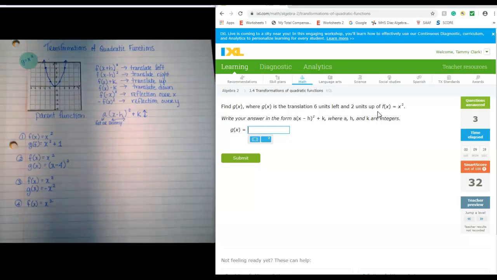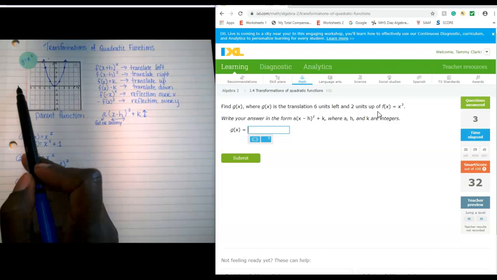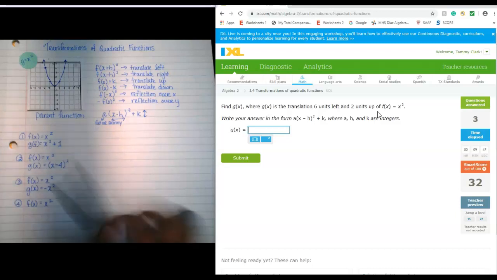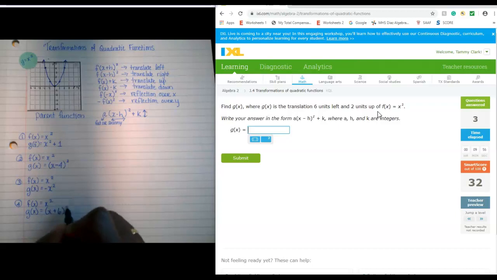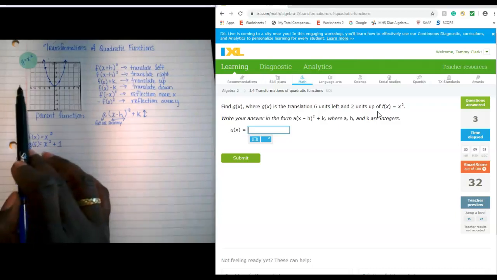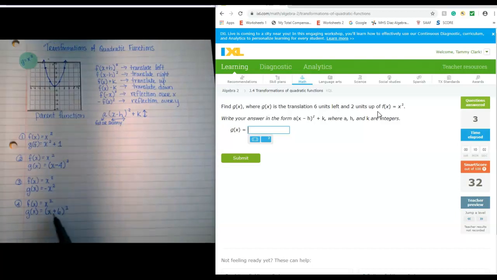So if it's moving 6 units to the left, it's over here. What does it have to do to get back to 0? It has to move 6 units right. So I came from over here back to 0. That's why I'm writing a plus sign instead of a minus sign, even though it says left here.